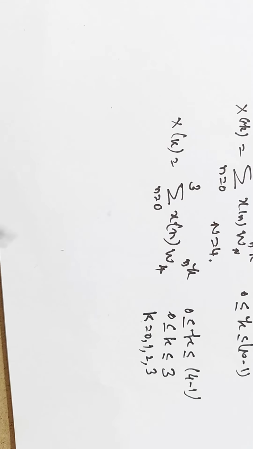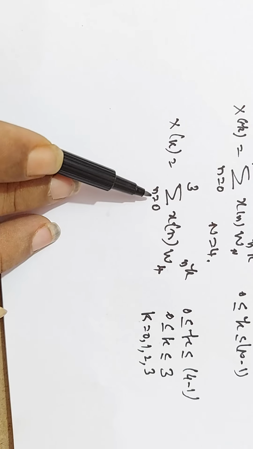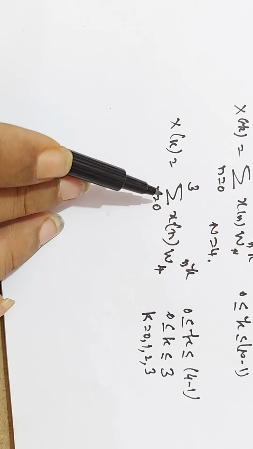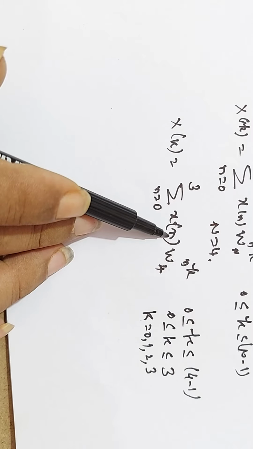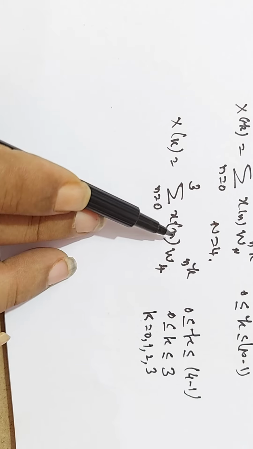First, n equals 0 to 3, expand this summation. Putting n equals 0 in the first case, summation means plus, again putting n equals 1, plus putting n equals 2, plus putting n equals 3.